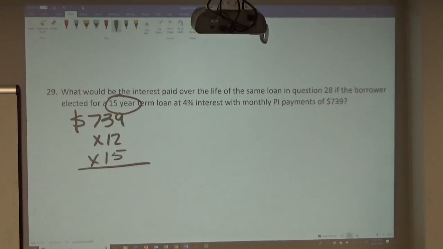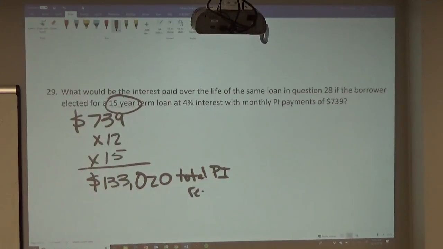So $739 a month times 12 months a year times 15 years, that's $133,020 total PI that we pay back, repayment. So we paid the bank back $133,020.